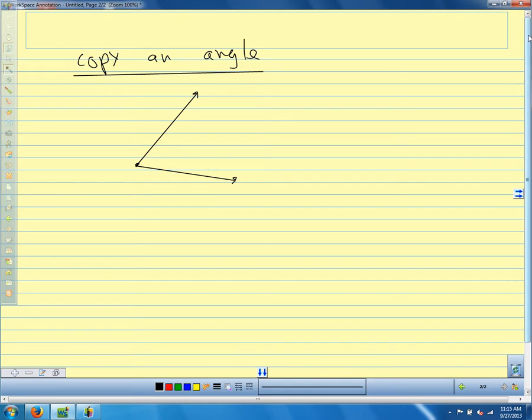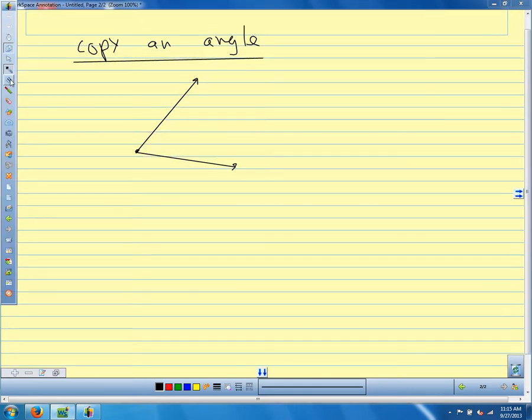So to copy an angle, my first step is going to be, I'm just going to draw one side of my new angle down here. It can be any length. So I'm just going to draw a segment using a ruler. So we're going to draw a new side of the angle.